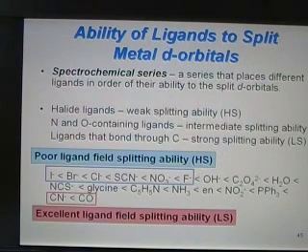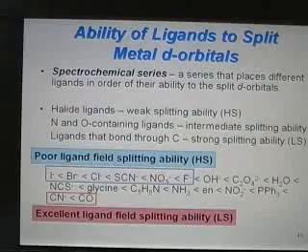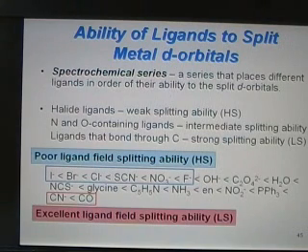The spectrochemical series is a series that orders the ligands in their ability to split the d orbitals. Some of it depends upon the bulkiness of the ligands. Some of it depends upon the nature of the ligands. How well do they interact with the metal cations?